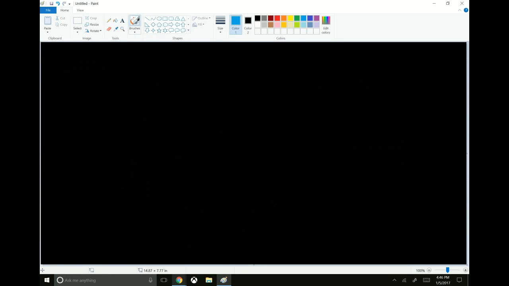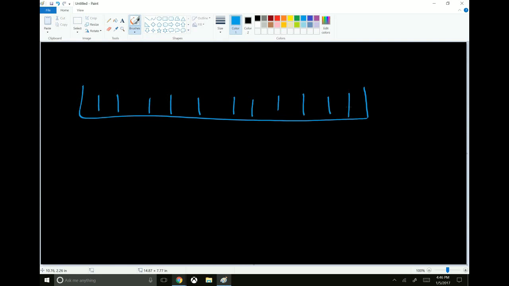What I mean by analog is something like a ruler with lines marked on it, right? And here is some object you're measuring. And how long is this? Well, it's 1, 2, 3, 4, 5, 6, 7. Let's pretend I'm able to draw a straight line. So the actual length is somewhere between 7 and 8. Let's call them centimeters.